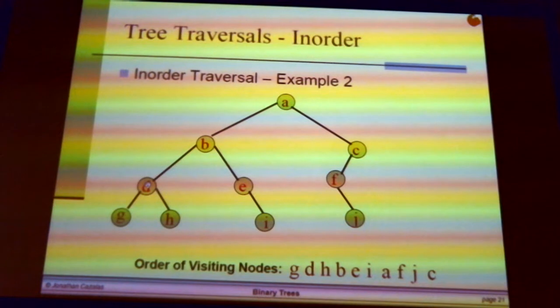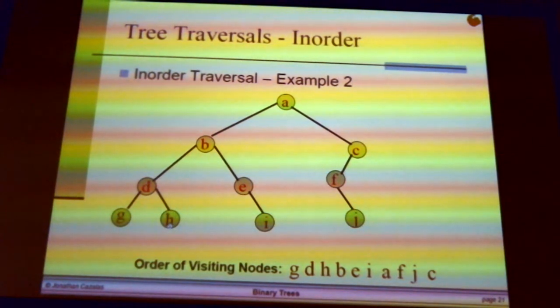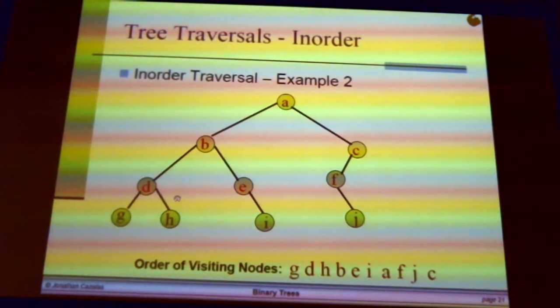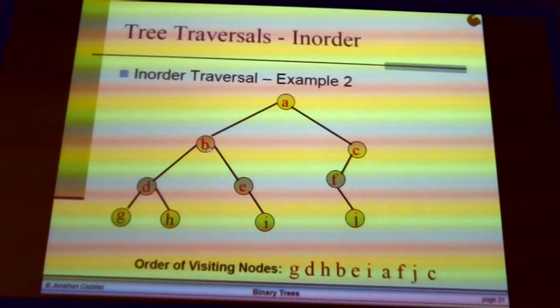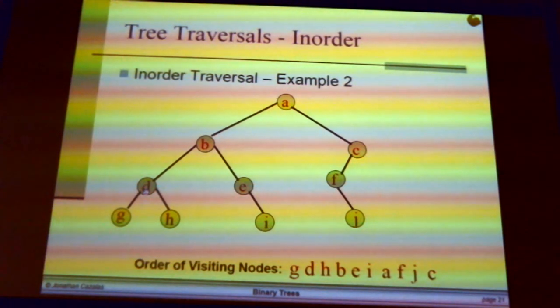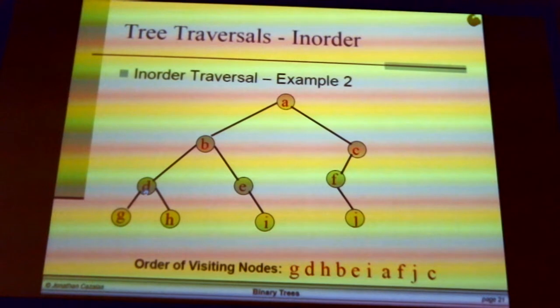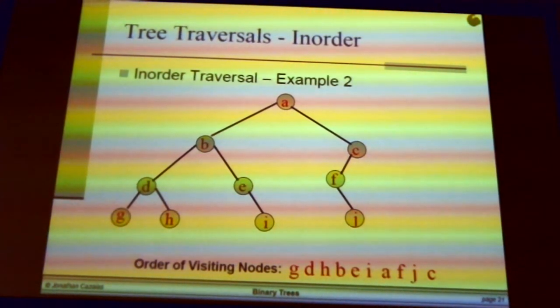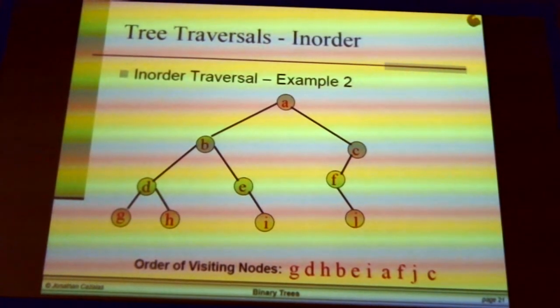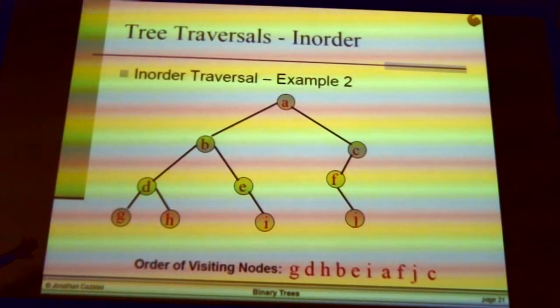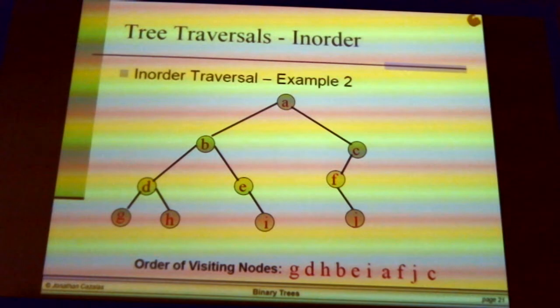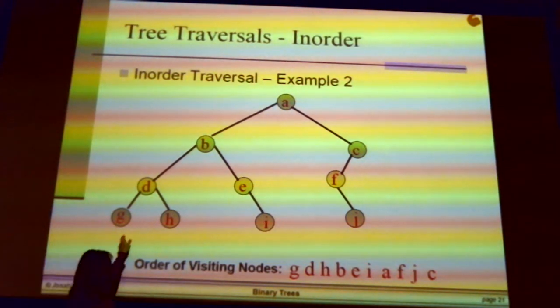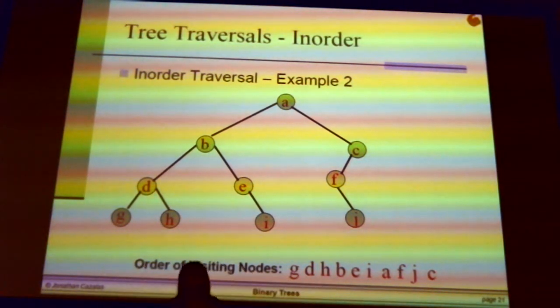So D has children, a G and an H. If you apply the in order traversal, D technically is the root node for G and H, correct? Don't even think about the rest of the tree. D is the parent for G and H. So to traverse that in order, you would go G, D, H.